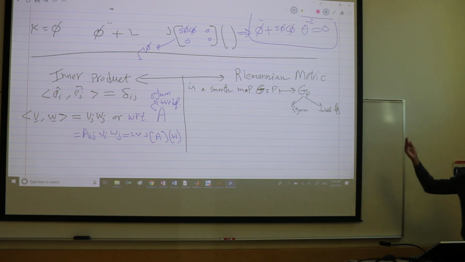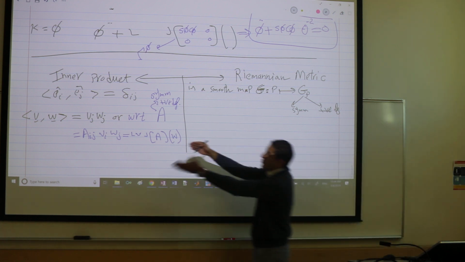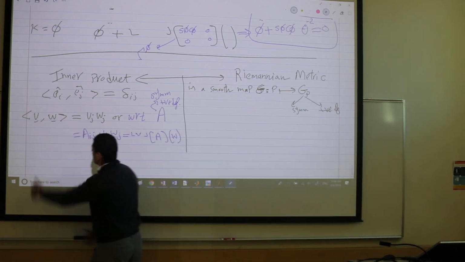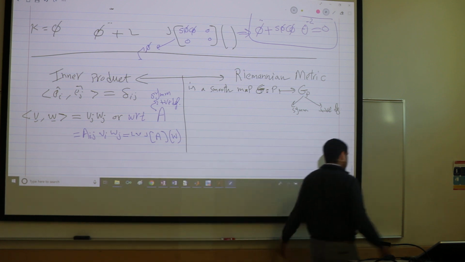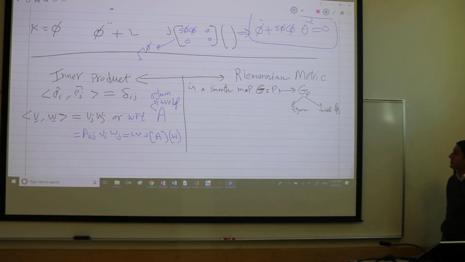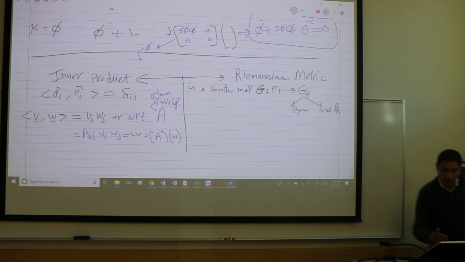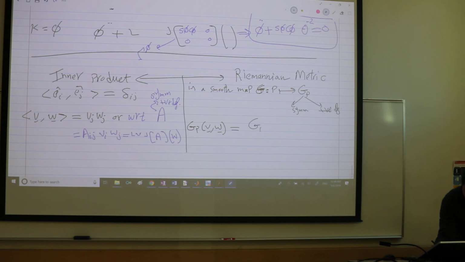As a map, it's bilinear in W and V. If W is multiplied by 4, it has to come out. If V is multiplied by 2, it has to come out. So it's linear in these two, bilinear. So G_p acting on V and W is the exact same definition, G_ij V_i W_j, for all V and W in the tangent space T_pM. That's it.